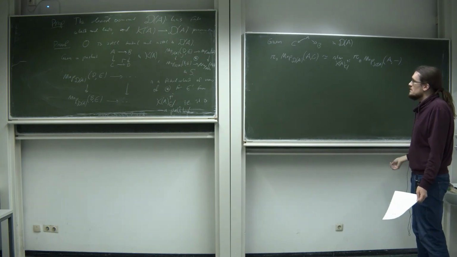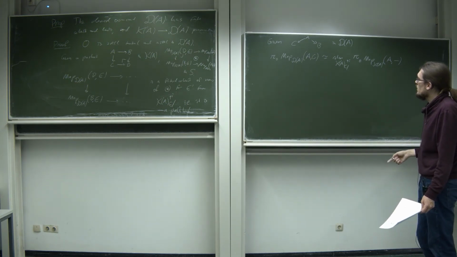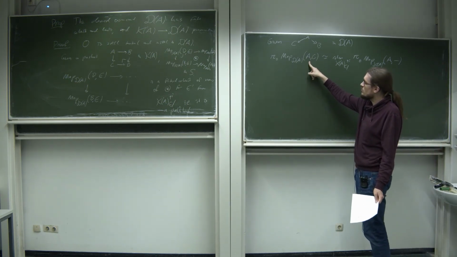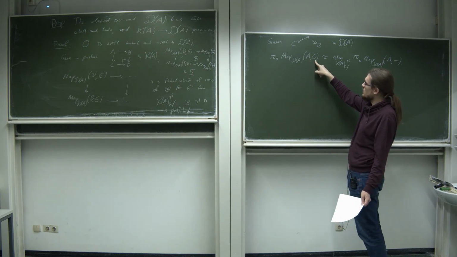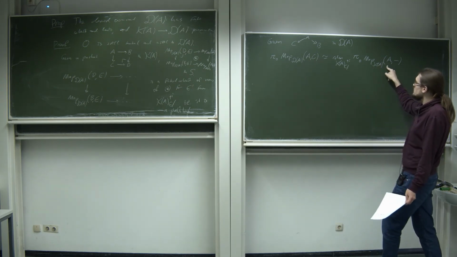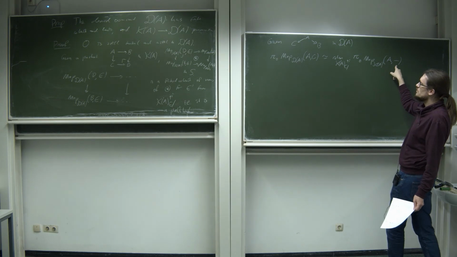So this means that my abstract map in here actually comes from something in here in a certain stage.